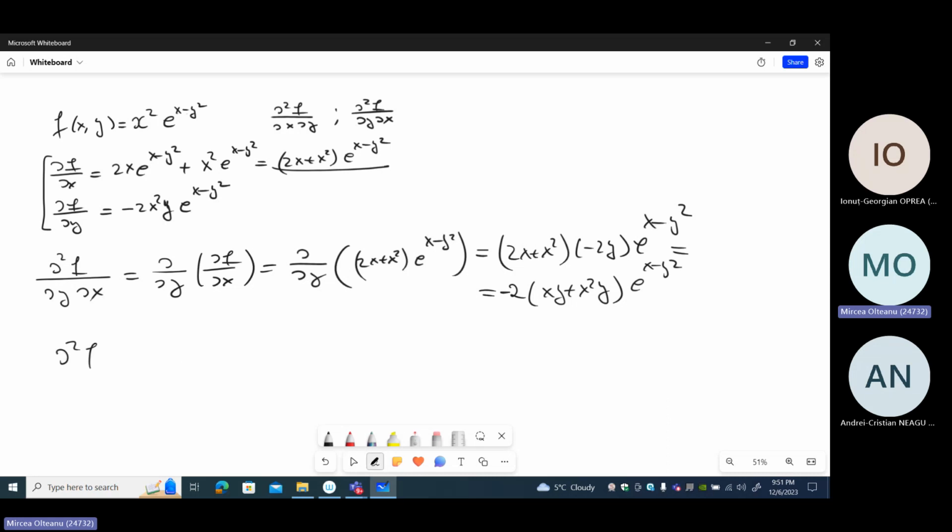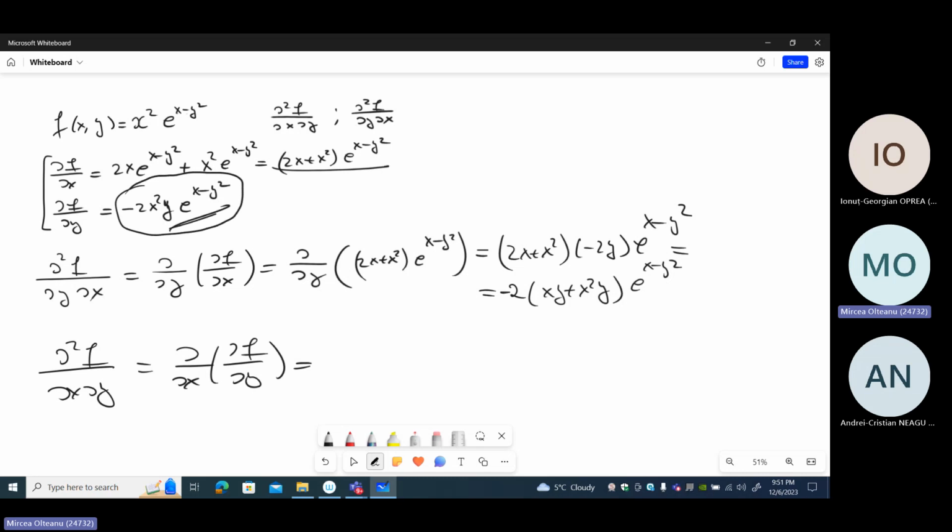Now let's see the second partial derivative of f with respect to x, then y. That means to differentiate with respect to x the partial derivative of f with respect to y. I shall not write it anymore, it is here. So we need to differentiate this one with respect to x, attention. Okay. So here we have a product.